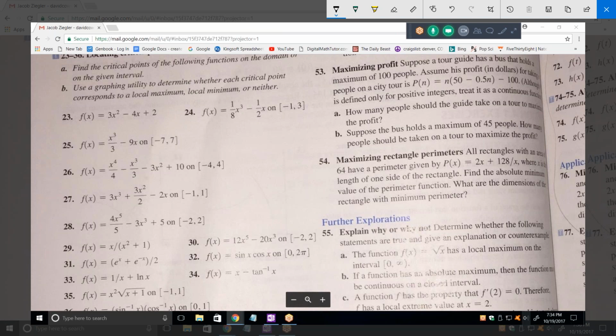Now, let's look at 24 because there's an interval there. So, and this is, that's a closed interval.